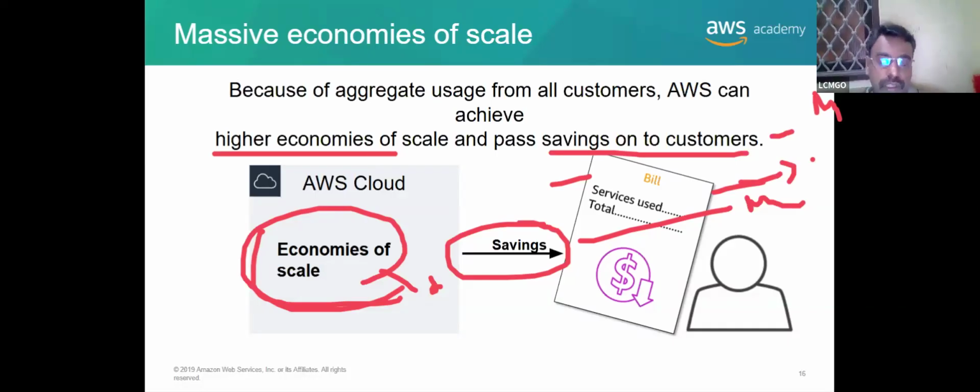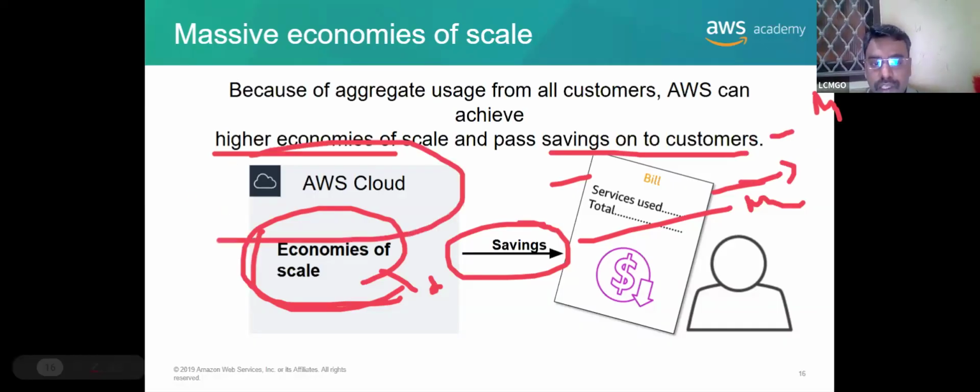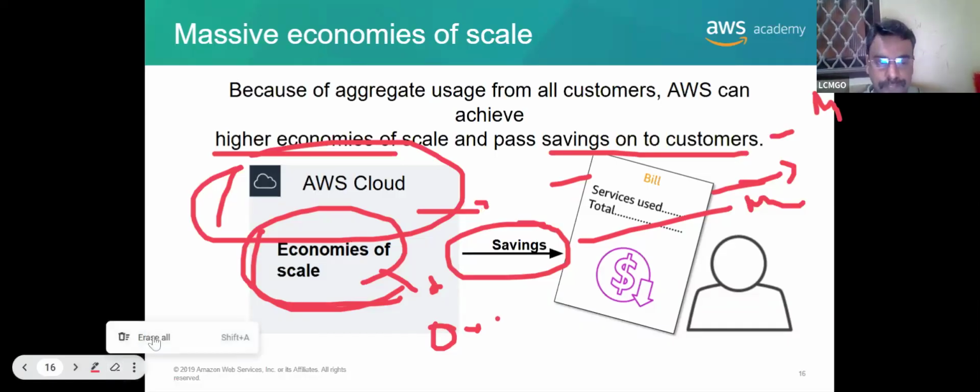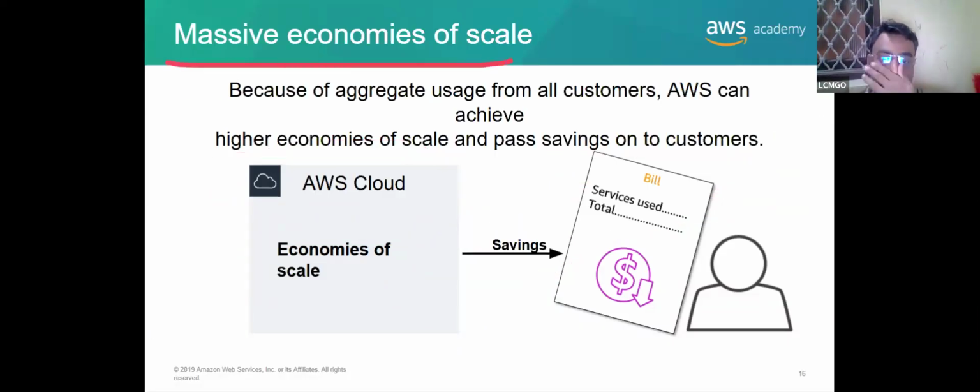I don't need to go here and there, open a shop, or spend a lot of money on space and all those things. So that's massive economies of scale. In a fraction of a second, you are launching on a cloud platform or a website which is already online. We join them and can reach more customers within a fraction of a second or a few minutes. That's massive economies of scale.